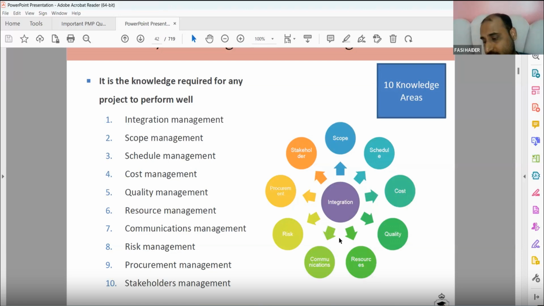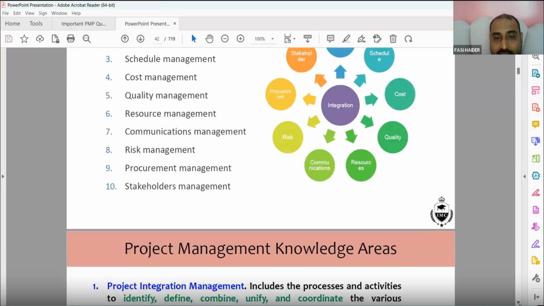There are beauticians who do the makeup for the stars. So it's not that the director has to do everything, but the director must see what is good, what is not good, and should be aware of the basics. So all the tasks can be assigned to somebody else except integration management. Integration management must be done by the project manager himself.